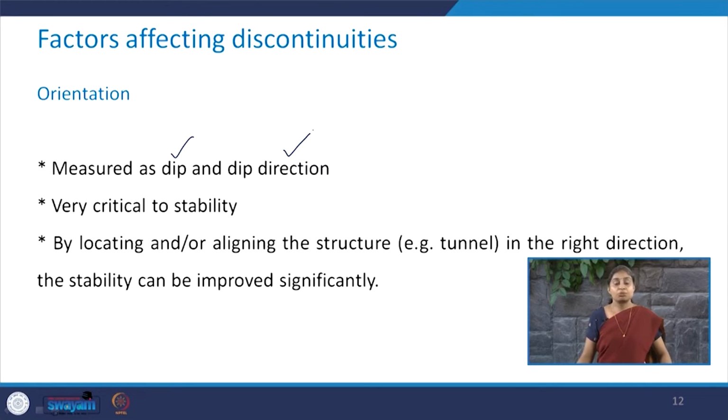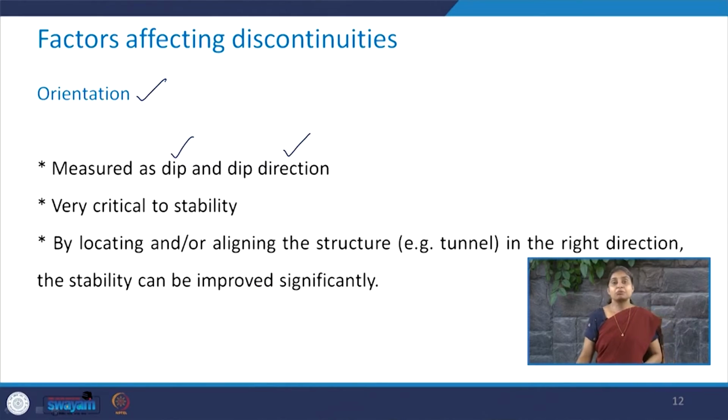Especially this is true in the case of a tunnel. Say you have the space, and in one direction first you decide that this should be the tunnel axis, but then the orientation of that tunnel axis is in such a manner that it is really not favorable for the construction activity, then you can change it a little bit and see whether the changed orientation of that axis is going to give you a better picture or not.